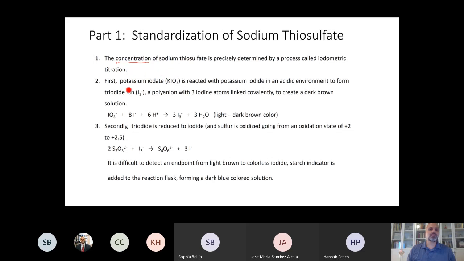In the first step, we're going to use potassium iodate. You take a balance and weigh out, in a flask, a specific quantity of potassium iodate.